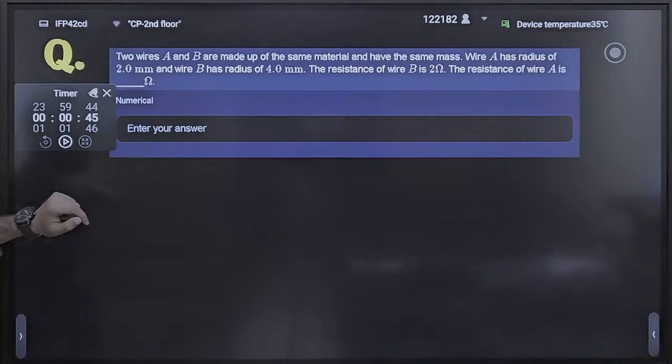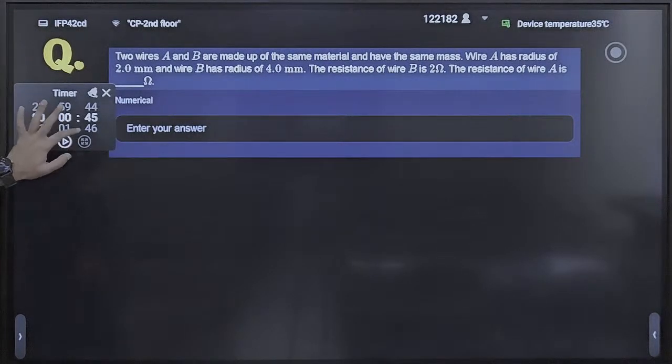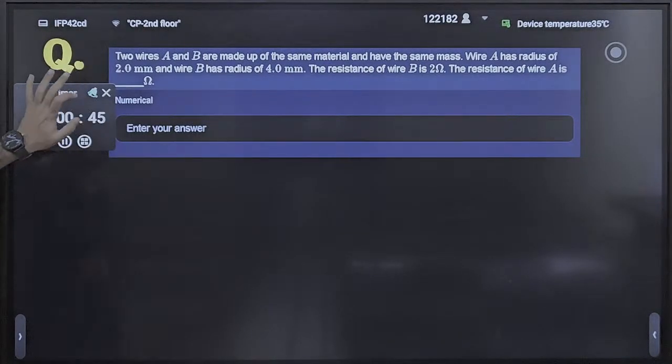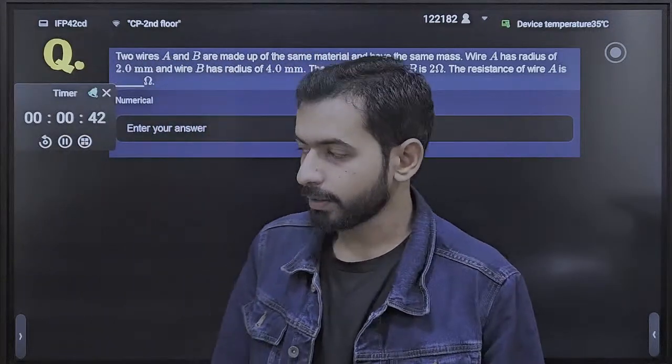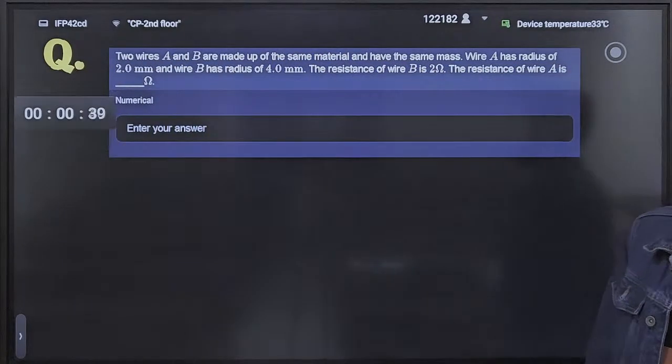Now solve this question. Again the same kind of question, where resistance is involved. Like the question we solved earlier, R is proportional to L square.